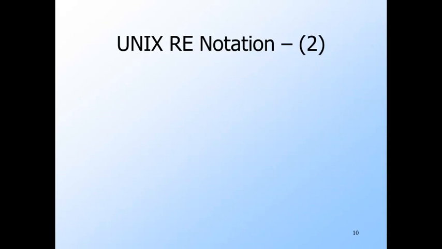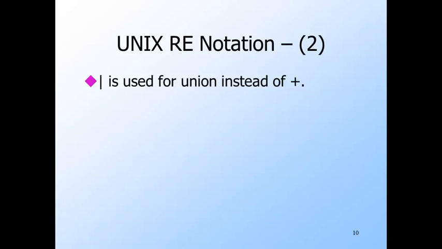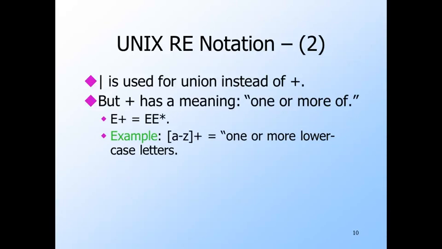Here are some more Unix changes to the regular expression notation we learned. The union operator is actually represented by a vertical bar instead of the plus. But the plus symbol is another operator used like star and meaning one or more. That is, in the Unix notation, E plus is shorthand for E concatenated with E star.